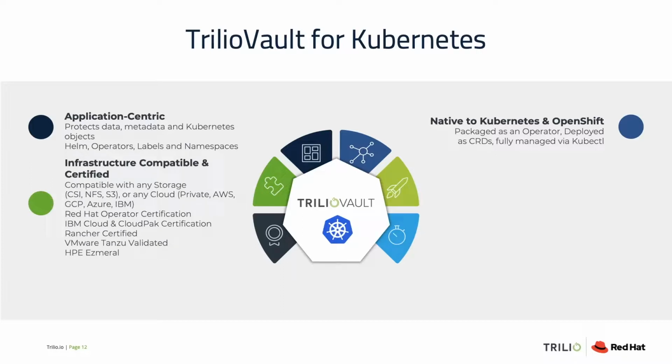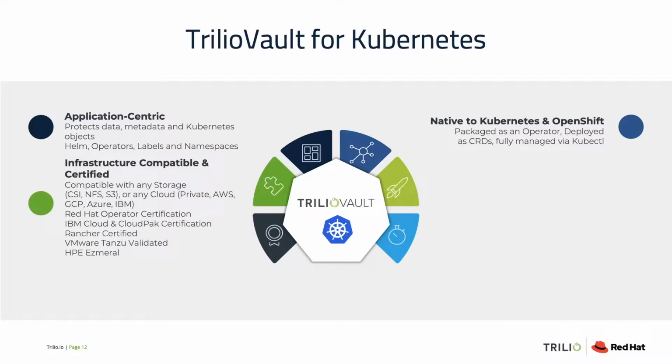From a compatibility perspective, we leverage CSI to communicate with storage. So as long as the underlying storage has a CSI driver, Trilio will work out of the box with it. Along with that, we allow users to save data in NFS-based repositories, S3-based repositories, and we've actually added support for Azure Blob as well.